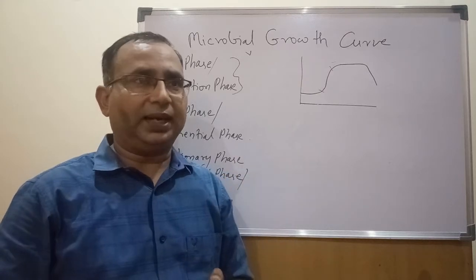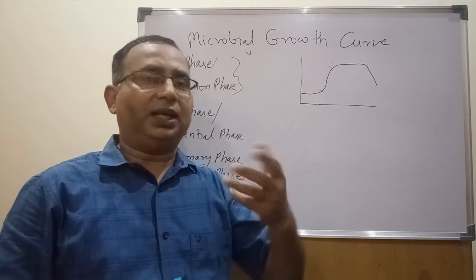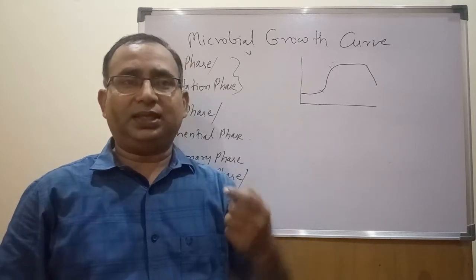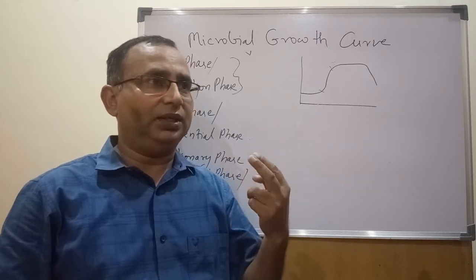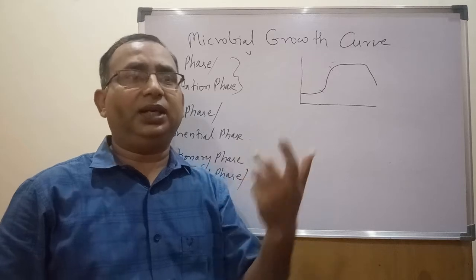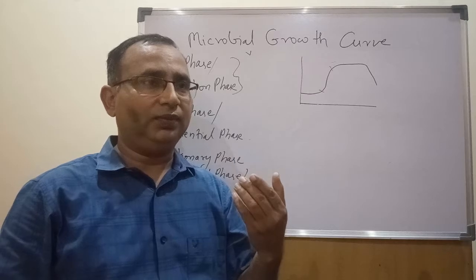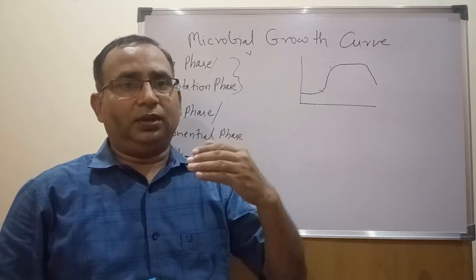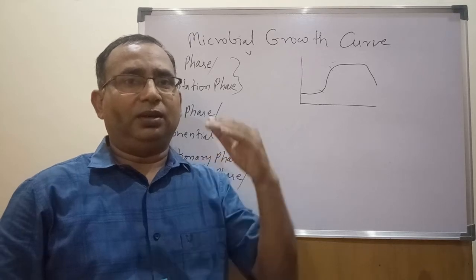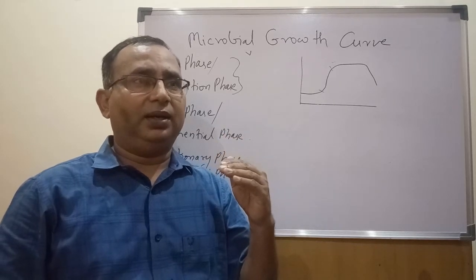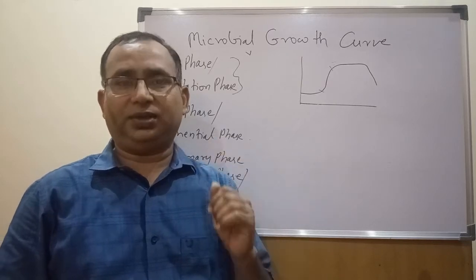We know it well what is logarithmic pattern. As already we know that if there is a single cell, it divides and generates two cells, and the generated two cells further divide, resulting into generation of 4 cells. So microbial population becomes more and more, as it is in case of an exponent.